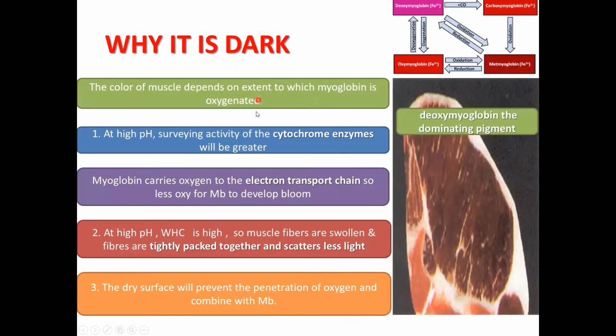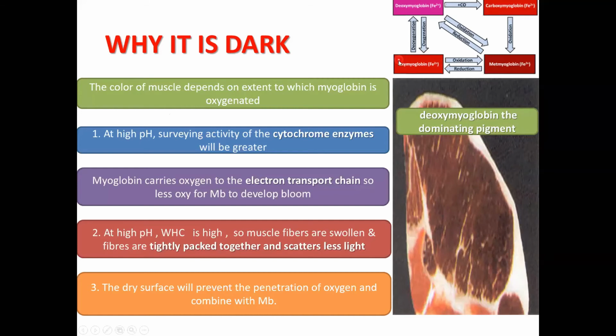So why is it dark? In the case of DFD, as we already discussed, why is the meat dark in color? I told you that deoxymyoglobin is the dominating pigment.